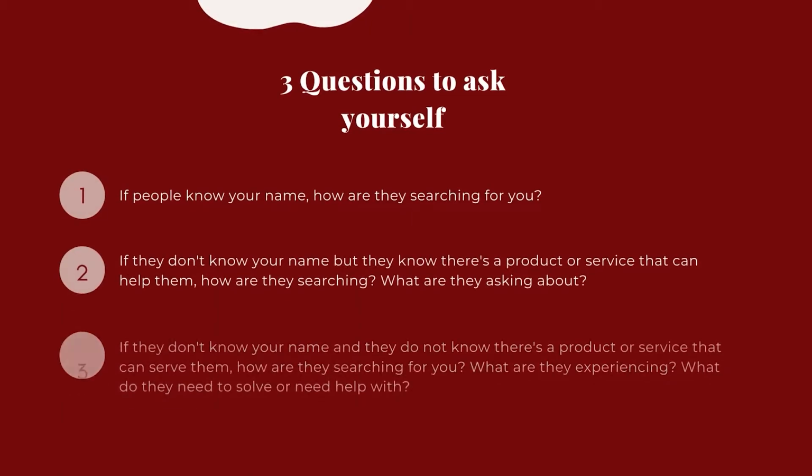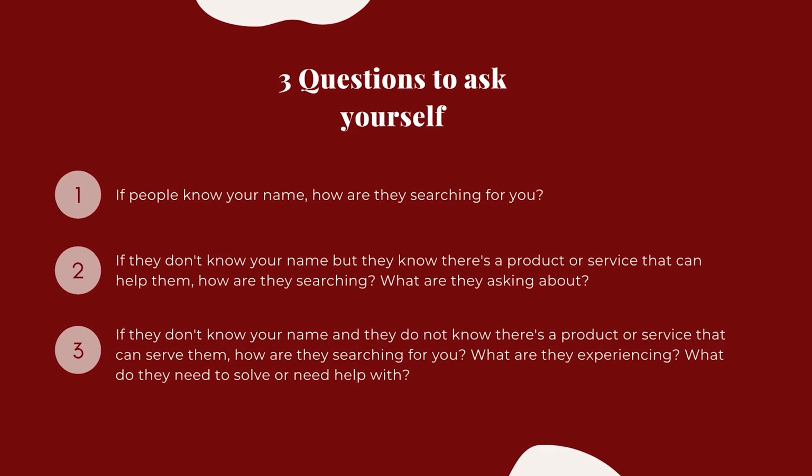Number 2, what do they do if they don't know that you exist, but they know there's a service or solution that can help them? And number 3 is if they do not know you exist and they have no clue that there is a service or solution that can help them with their issue or problem, how are they looking for you? And include that text as you prepare and promote what you're doing on your services.